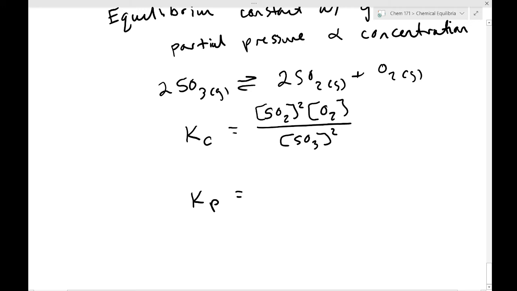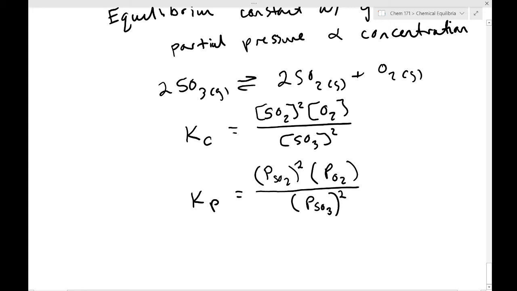Instead of using the concentrations, you would use the partial pressure of SO2 raised to the value of 2 multiplied by the partial pressure of O2, divided by the partial pressure of SO3 squared. Importantly, these are all in atm units. So always put in atmospheres.